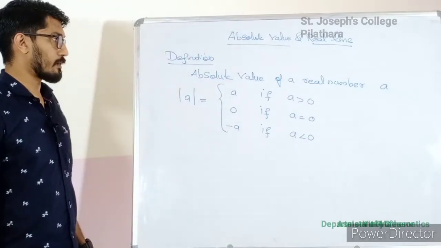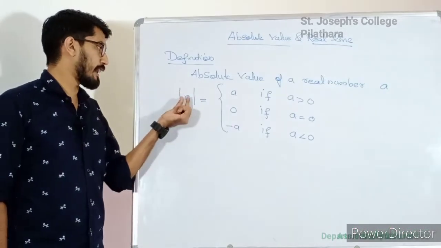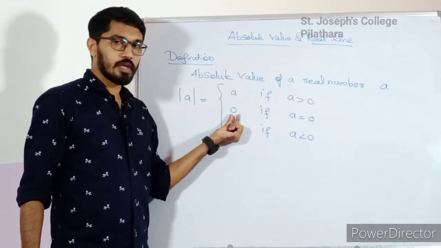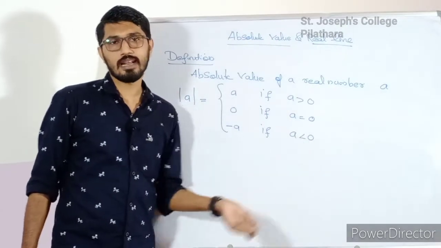The absolute value of a real number A is denoted as modulus of A and is defined as A if A greater than 0, 0 if A equal to 0, minus A if A less than 0.